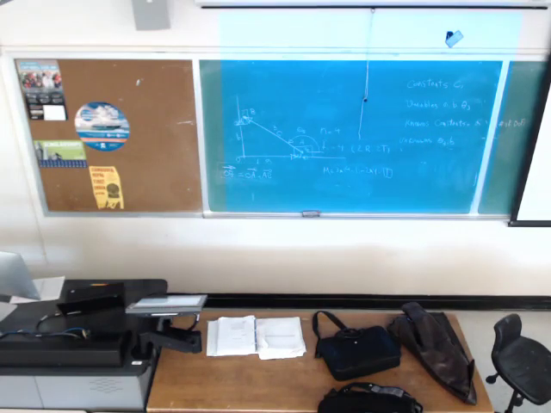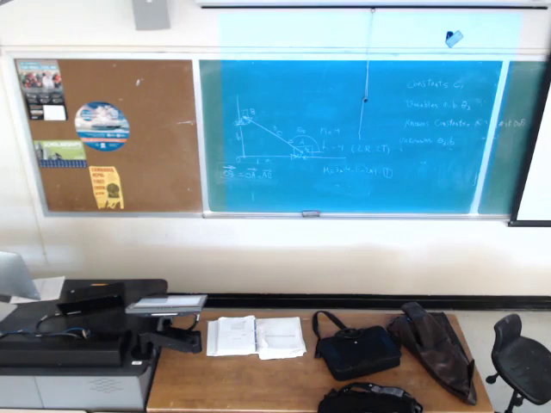By looking at this vector loop in x components, I can write OB. From O to B doesn't have any x component, so it's going to be 0, or you can write B cosine of 90.